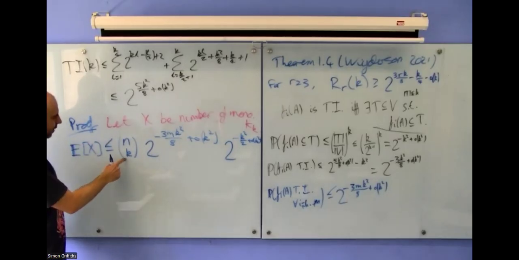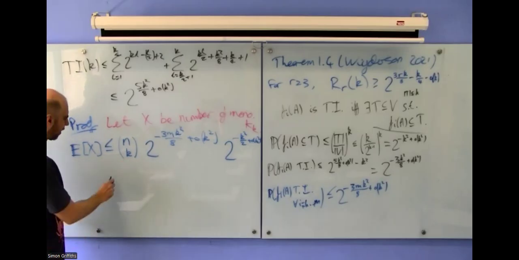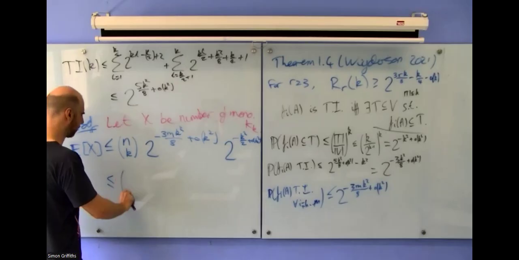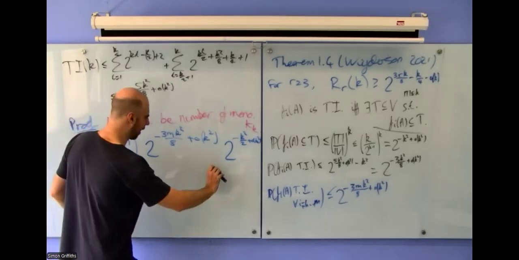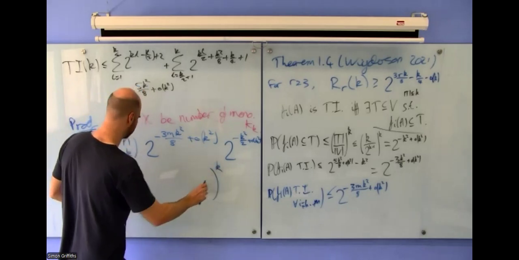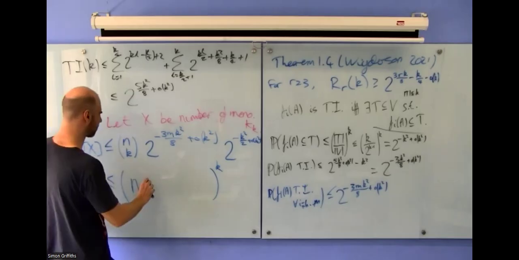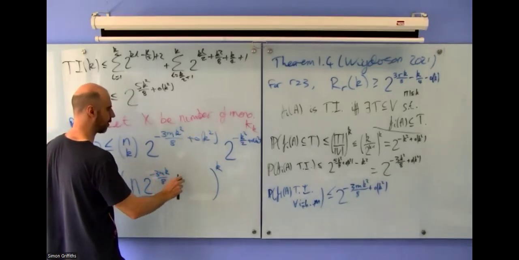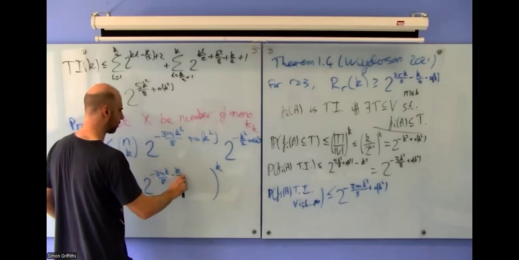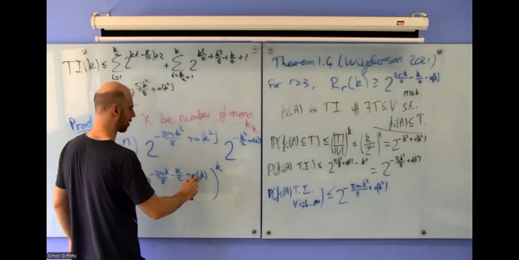And for this guy, we're just going to use that it's at most n to the K. We don't even need to be too precise. So I'll put K in the power of the big brackets, so this is n to the K, times 2 to the minus 3mK squared over 8 minus K squared over 2 plus little o of K squared.